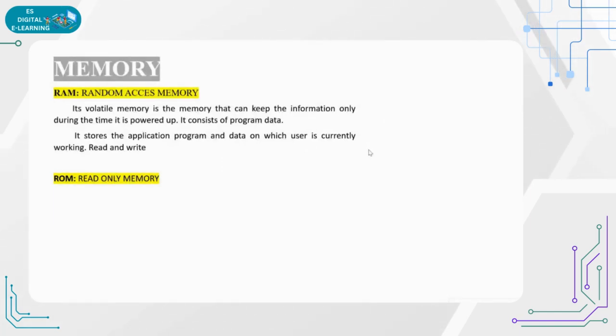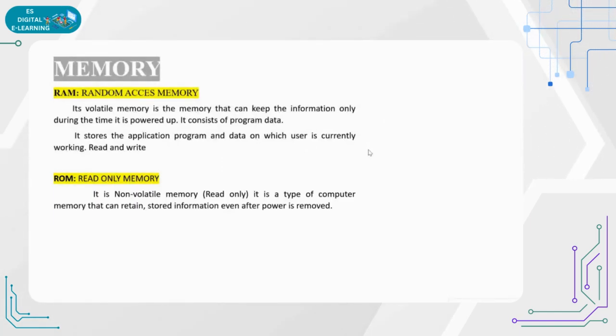And we have ROM memory. ROM is read-only memory. It is non-volatile. Where the information is stored in this memory, it is read-only. Once the power is off, the data will be erased. It is true. Once the power is off, it will erase the data in the ROM memory.